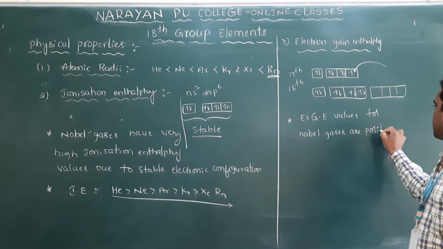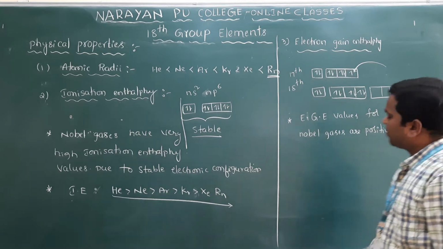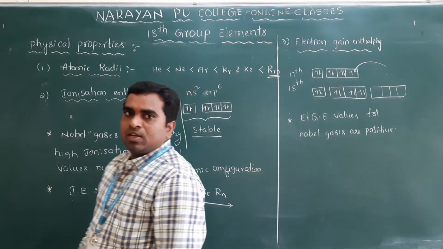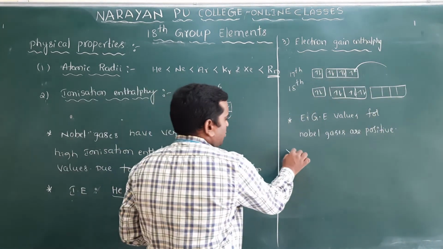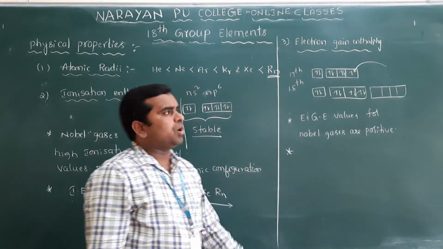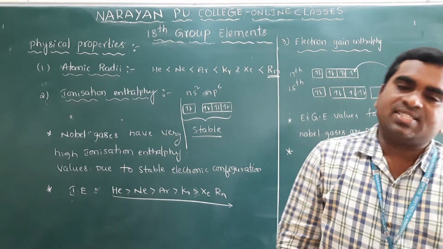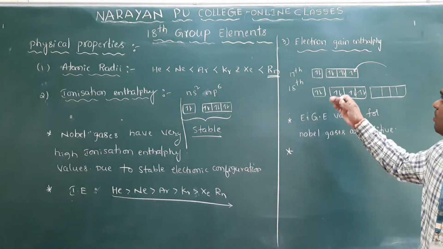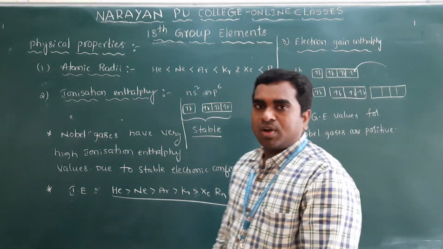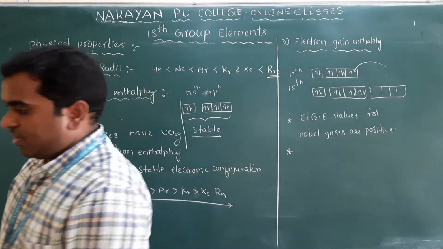And as we move down the group, the electron gain enthalpy values decrease. So this is about electron gain enthalpy.